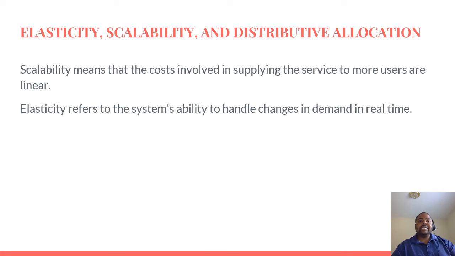So, elasticity and scalability. Scalability is just taking those servers, like I think I referenced in the cloud section, where you can scale out or you can scale up. In order to have scalability, you either scale out to have more people join in a cloud setting.